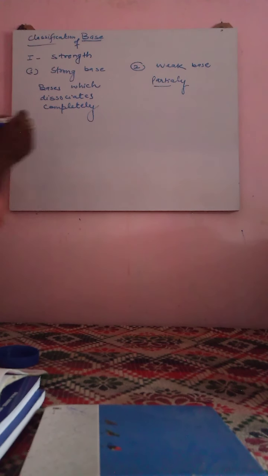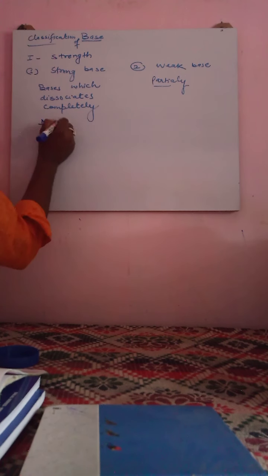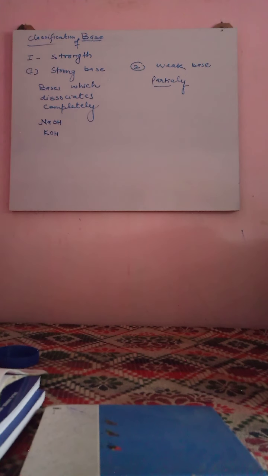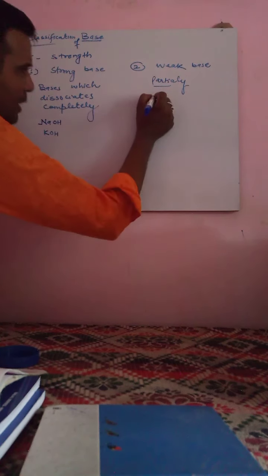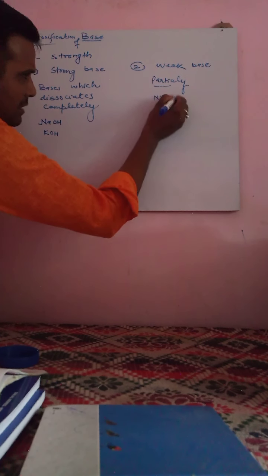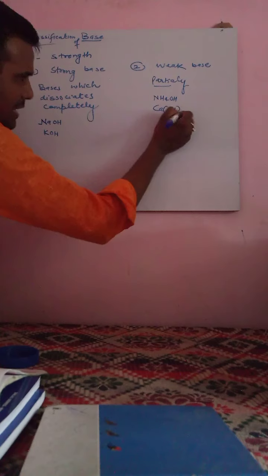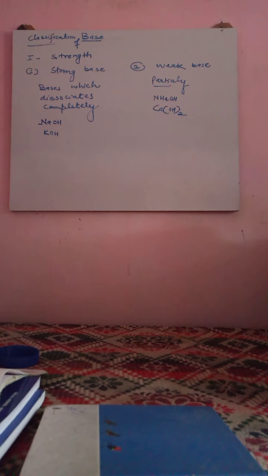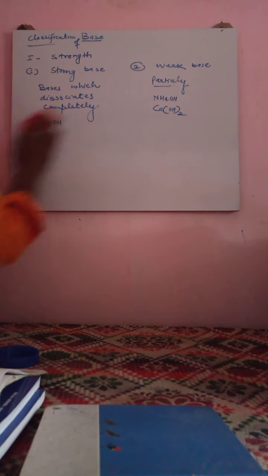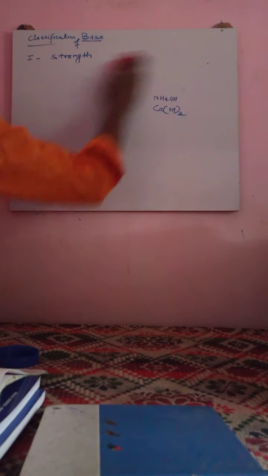For example, sodium hydroxide and potassium hydroxide are strong bases because their degree of dissociation is very high. It means they dissociate completely in aqueous solution. While ammonium hydroxide and calcium hydroxide are weak bases because they dissociate partially.